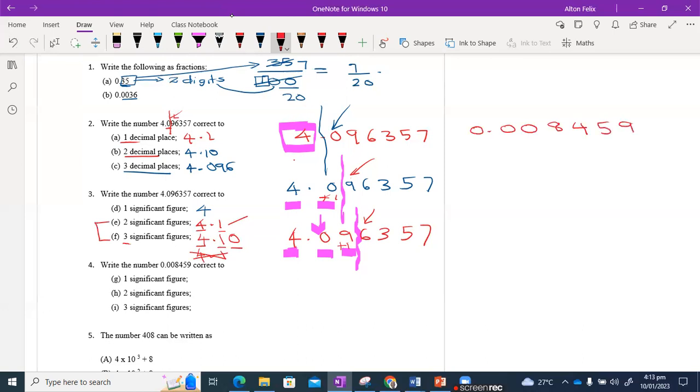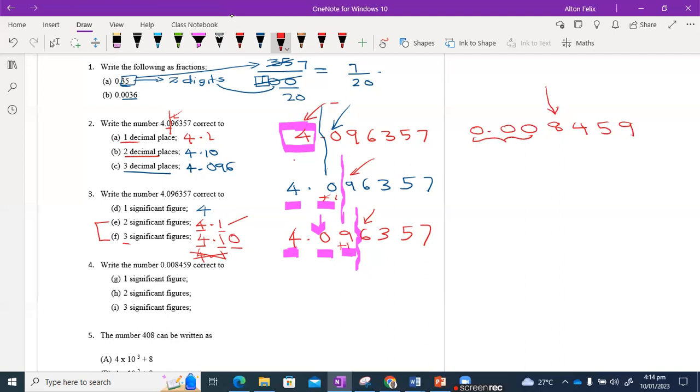Now, in this example, we began with 4. So this one was a non-zero, which was 4, but here we are beginning with a few zeros before the first non-zero number, which is 8. When I say non-zero, I simply mean that the digit is not a 0. So that is where we begin counting.